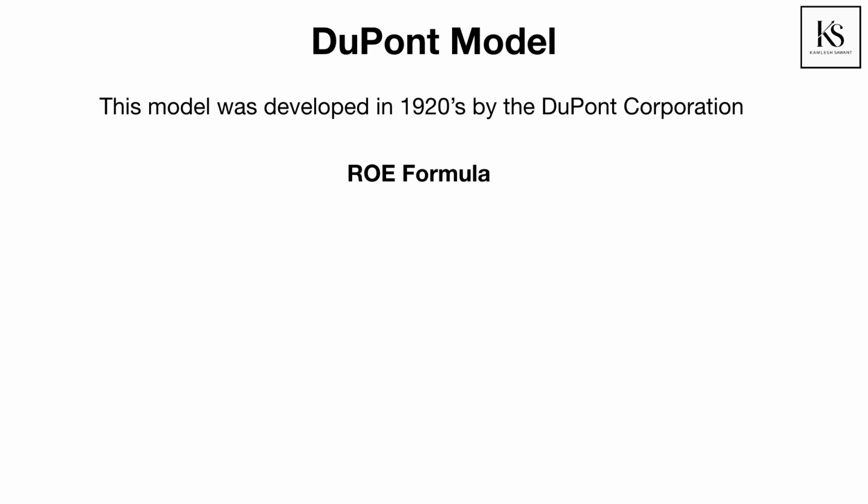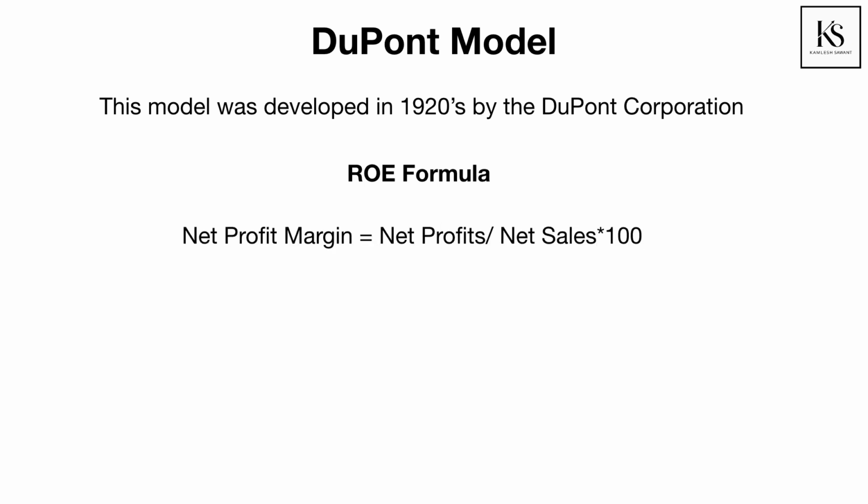Net profit margin is equal to net profits divided by net sales into 100. This is the first part of the DuPont model and it expresses the company's ability to generate profits. This is nothing but the PAT margin we looked at earlier in this video. A lower net profit margin would indicate higher cost and increased competition.